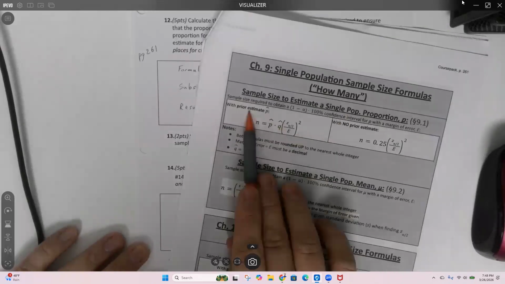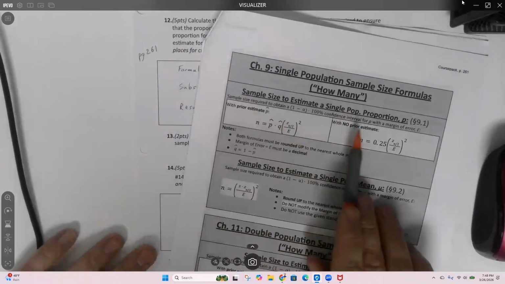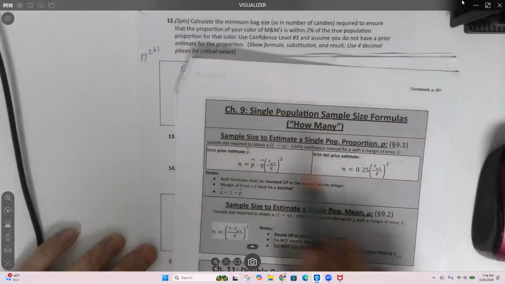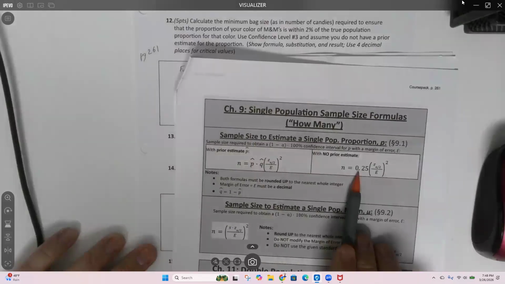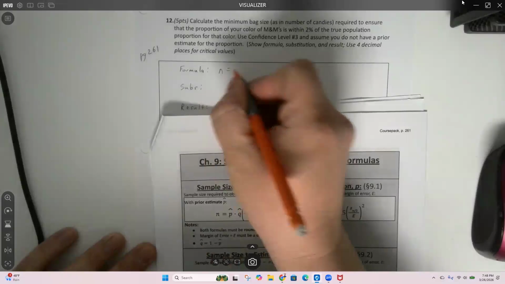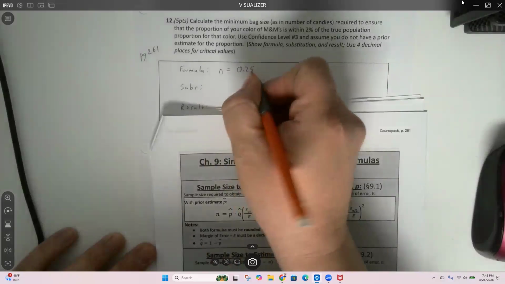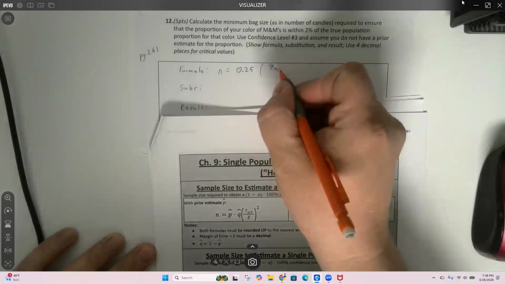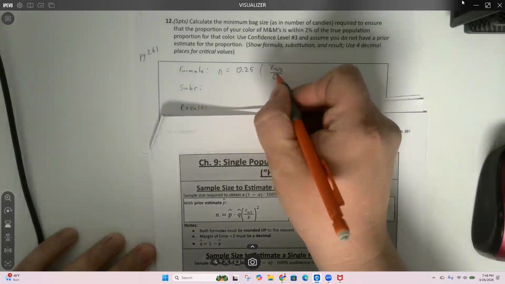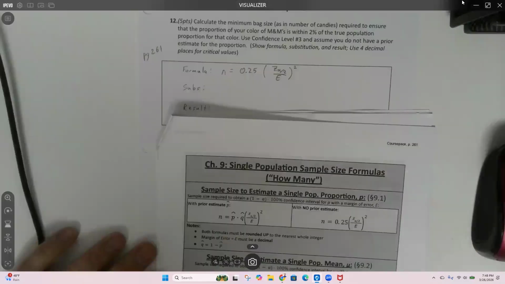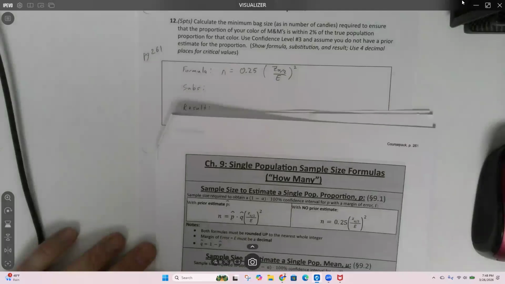There's if you have a prior estimate or no prior estimate. They said pretend you do not have a prior estimate, so I'm going to be writing this formula. So my formula is n equals 0.25 times (z alpha over 2 divided by error) squared. Okay, that's my formula.